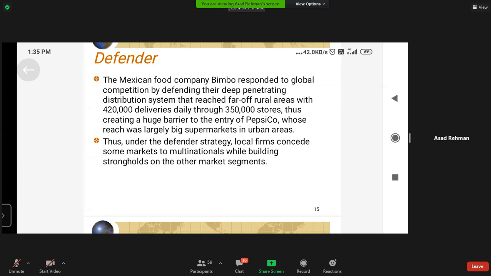So in such a case, this definitely created a barrier for a company like Pepsi, right? Obviously, when it entered the Mexican markets, reaching this scale of penetration into the markets is really very, very difficult.